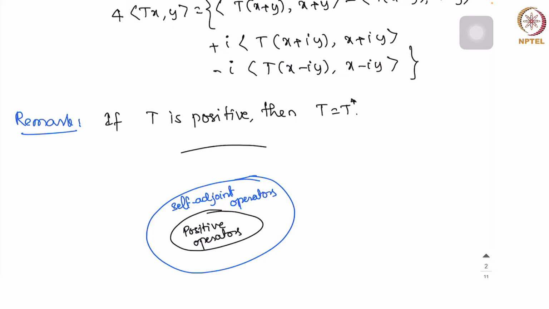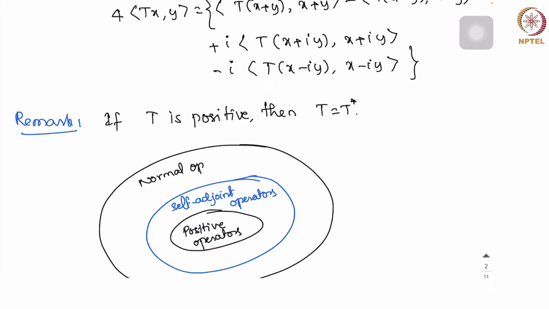And this class is included again in the set of all normal operators. And the unitary operators are included in normal operators, and they also contain self-adjoint as well as positive operators.